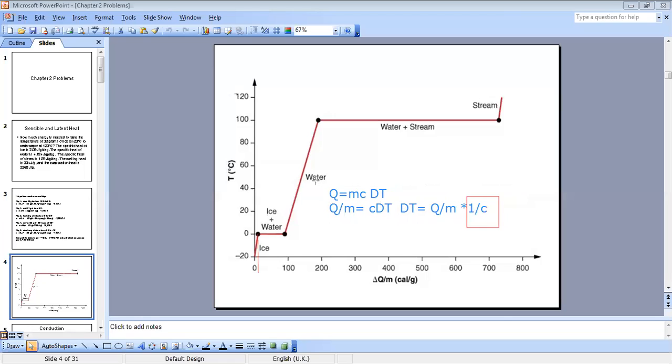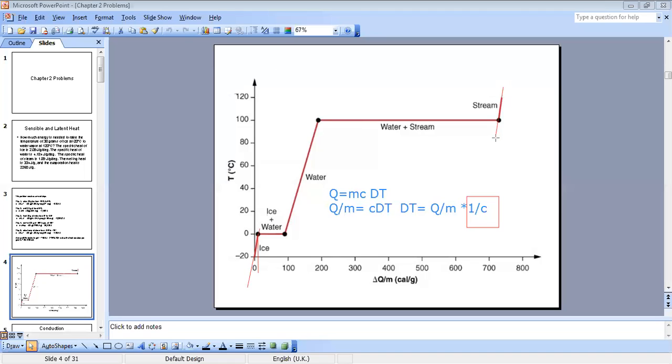And since the specific heat of water is the highest one between the specific heat of ice and steam, you can deduce that the lowest slope will be the slope of this line, while the slopes of ice and steam are higher, okay?